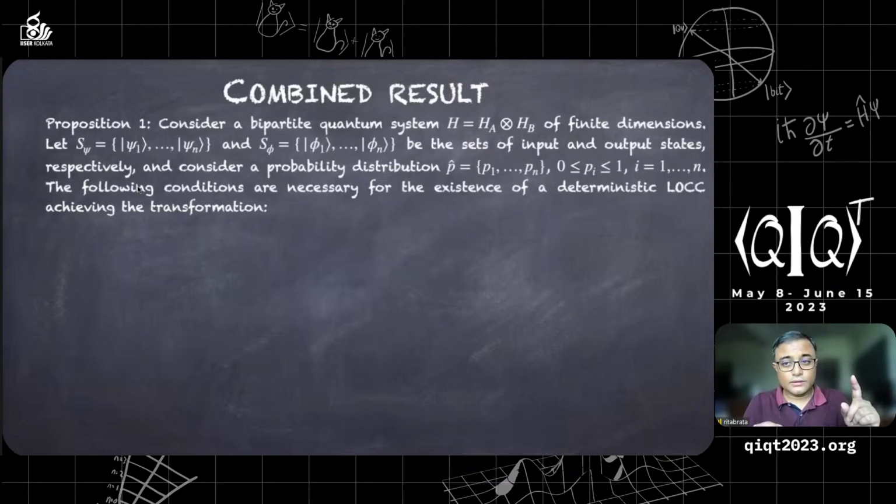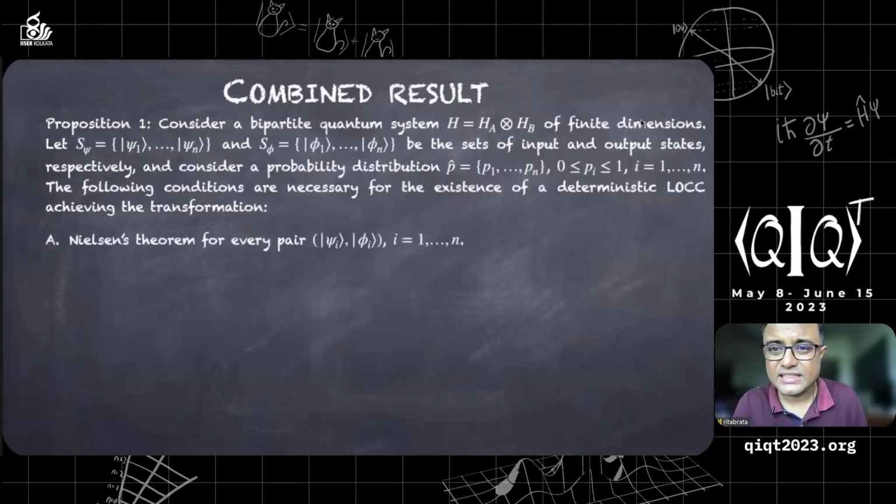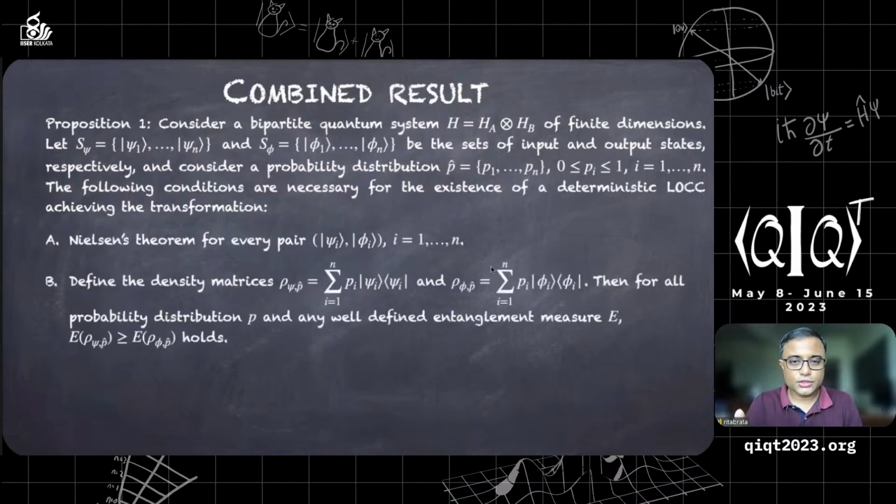Because we are considering LOCC for each pair, psi1 to phi1, psi2 to phi2, for each pair this should work out. So this condition must be true for every such situation. This condition must be true for each pair of these things.